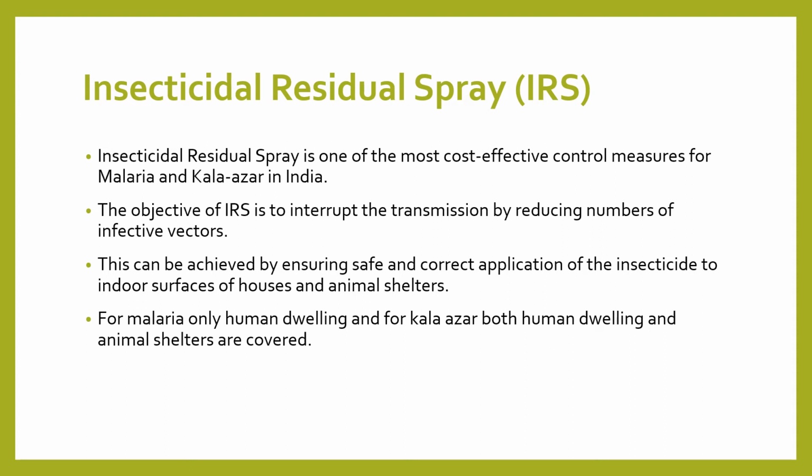The main objective of IRS is to interrupt the transmission by reducing the number of infective vectors, which can be achieved by ensuring safe and correct application of the insecticide to indoor surfaces of the houses and animal shelters. For malaria, only human dwellings are covered, but for Kala Azar, both human dwellings as well as animal shelters are covered with IRS.